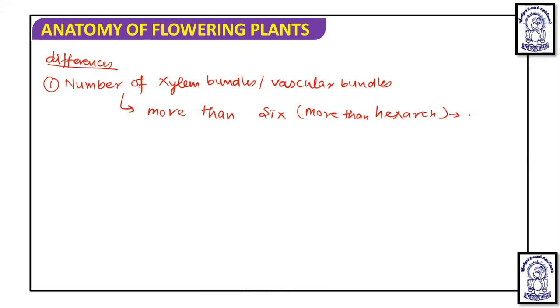So a polyarch condition is seen in monocot root anatomy. And by counting the number of vascular bundles, you can differentiate monocot root from dicot root.